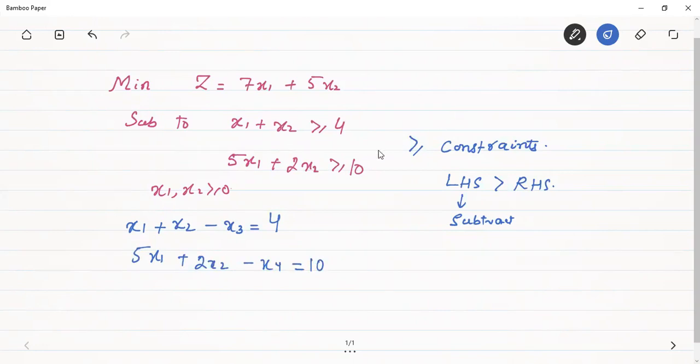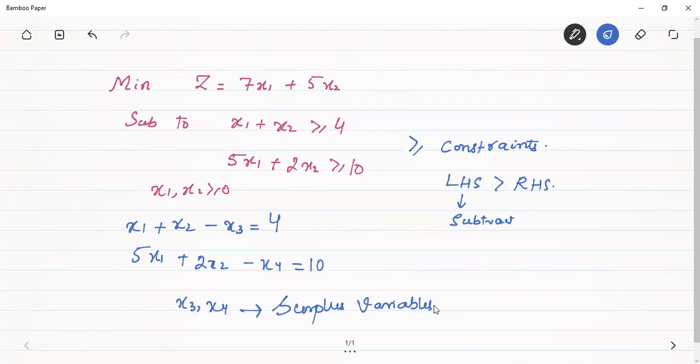So we can see that we have these x3 and x4. These are known as surplus variables.